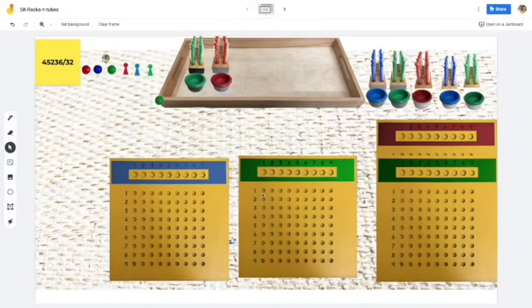We have 6 units in the dividend, so we need to take 6 unit beads. So we need to duplicate the green unit bead 6 times and put it into the unit bowl.